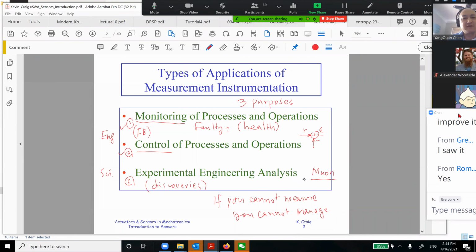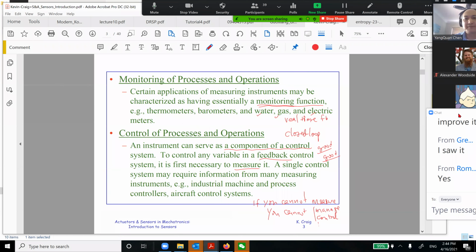This is yet to be confirmed. They are doing more measurements to confirm we need new physics, because the muon behavior cannot fit the existing physics. So, measurement for discovery, experimental analysis.